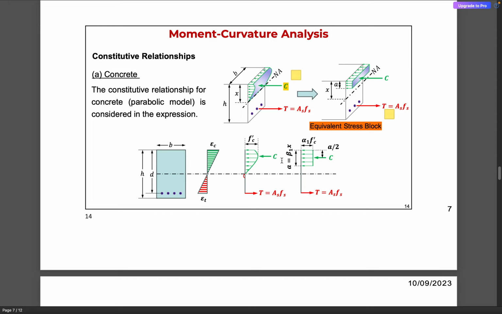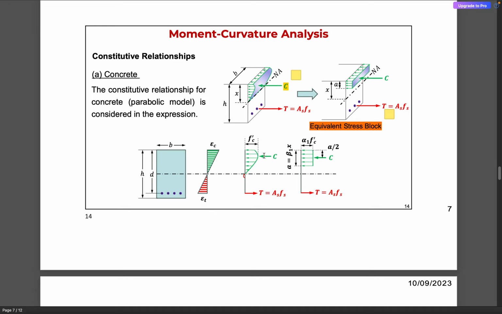The parameters alpha 1 and beta 1 correspond to the various parameters used in order to approximate this parabolic stress distribution into a rectangular stress distribution.